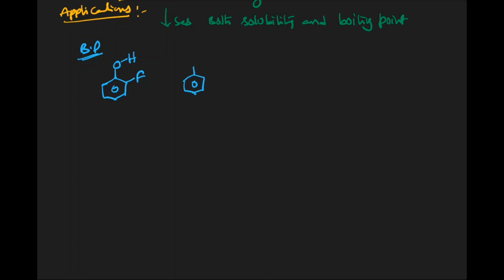If we consider parafluorophenol, it can form intermolecular hydrogen bonding, meaning hydrogen bonding is present between the molecules. That is why it requires more energy to convert its state. That is why parafluorophenol has the higher boiling point.